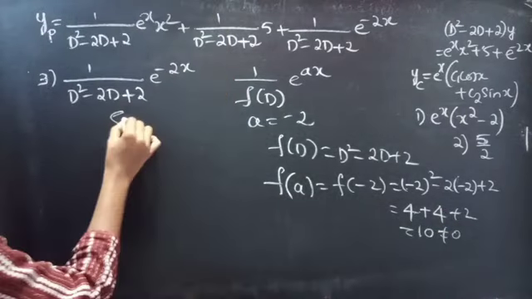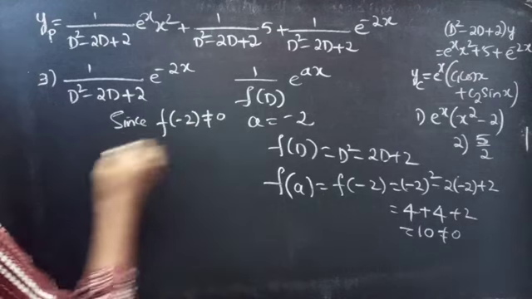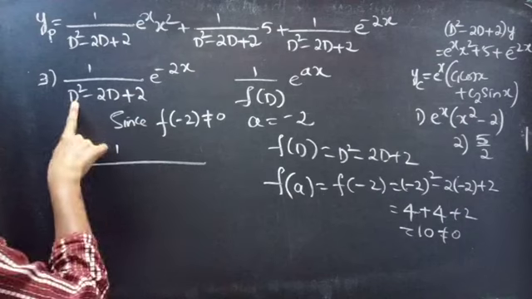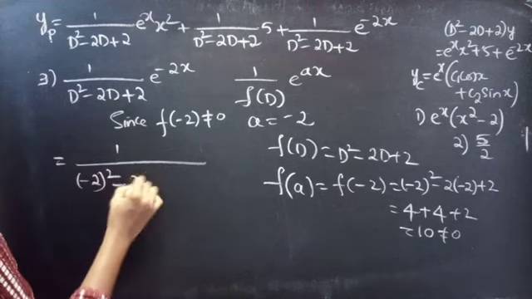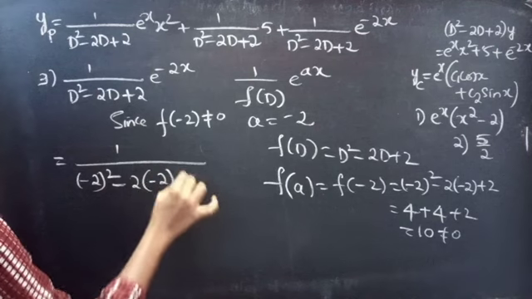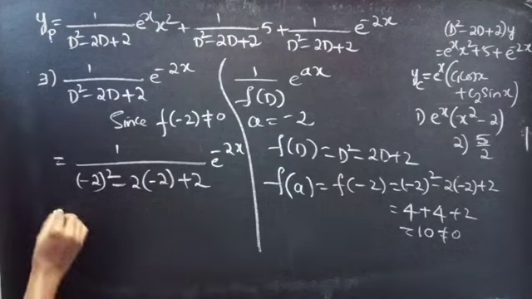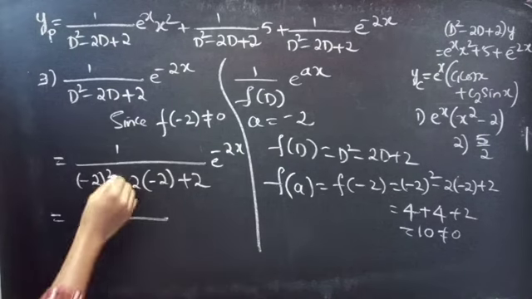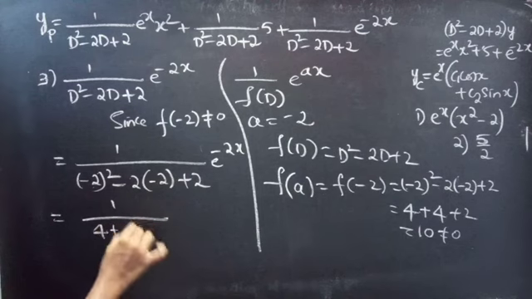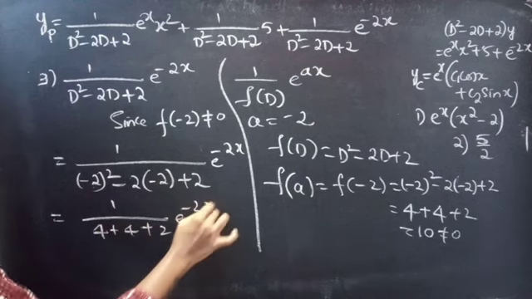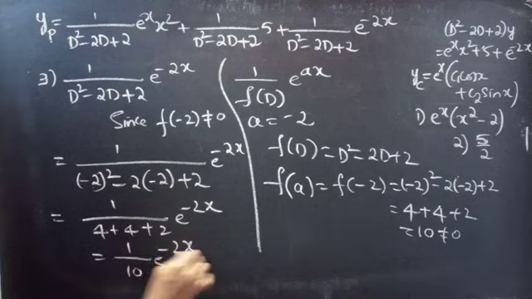Since f of minus 2 is non-zero, we can replace D with minus 2. Then we'll get 1 by minus 2 whole square minus 2 into minus 2 plus 2 into e power minus 2x, which is equals to 1 by 4, minus into minus plus 2, 2s are 4, plus 2 into e power minus 2x, which is equals to 1 by 10 into e power minus 2x.